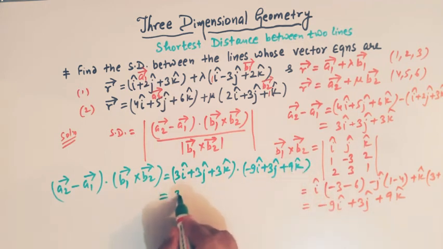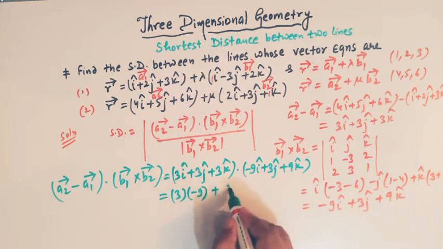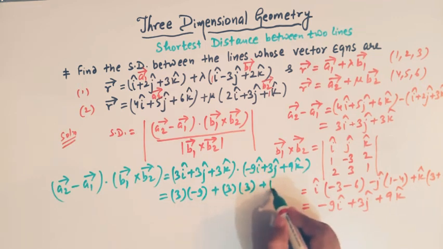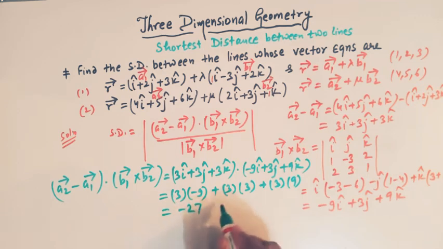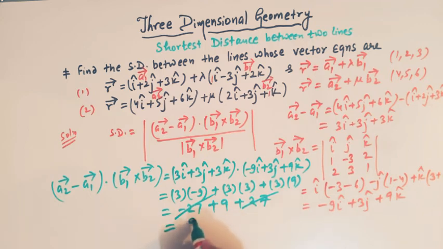So the dot product is 3 times minus 9 plus 3 times 3 here, and then we have 3 times 9. So this is minus 27 plus 9 plus 27, and these two get cancelled and we are left with 9, right?